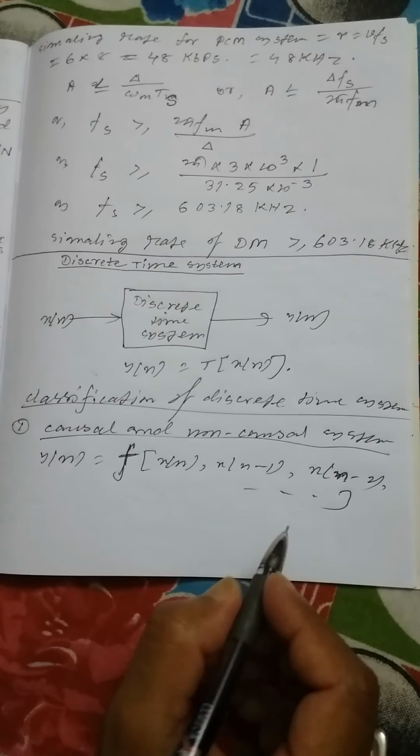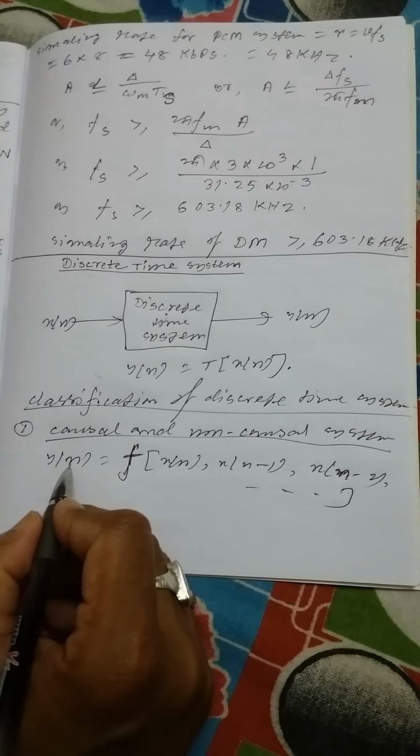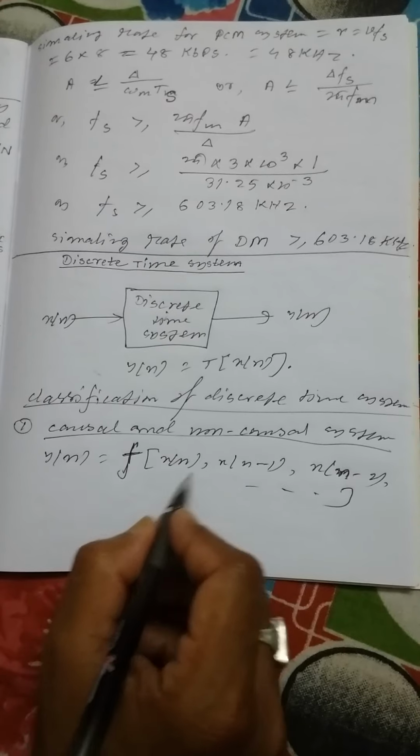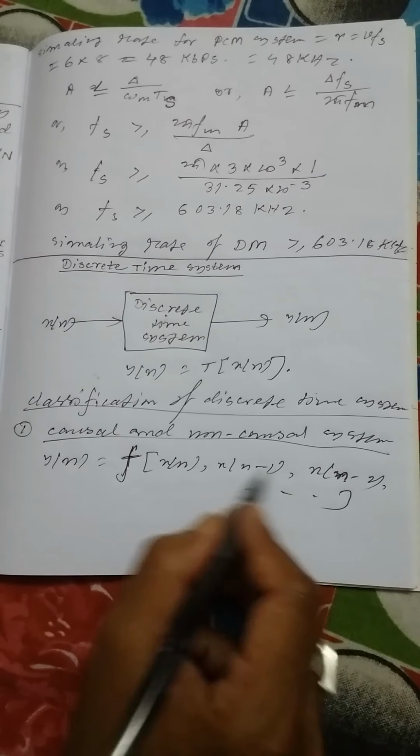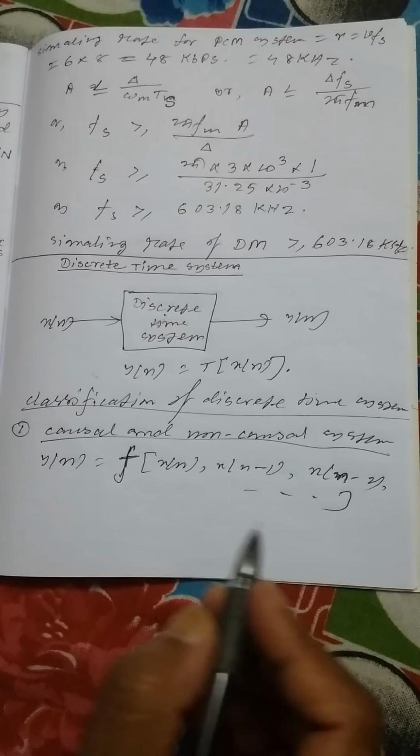So these are basically the present value and past values. Here the present value is n, so this is the present input and those are the past inputs. So this is a causal system.